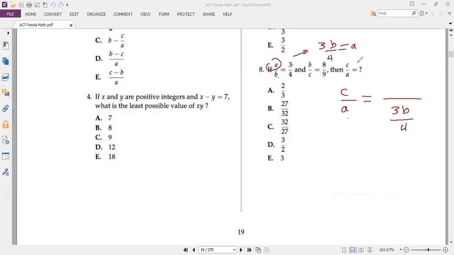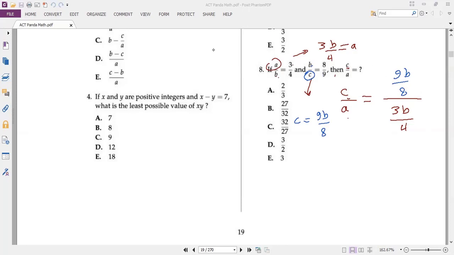Just the same here, we want C, substituted by C. So C equals B, we want this one only. So cross product, B times 9 over 8, 9B over 8. So we have to write C up here, 9B over 8.